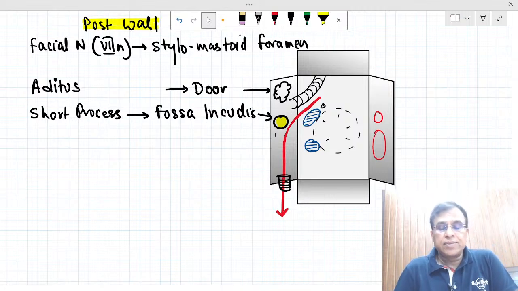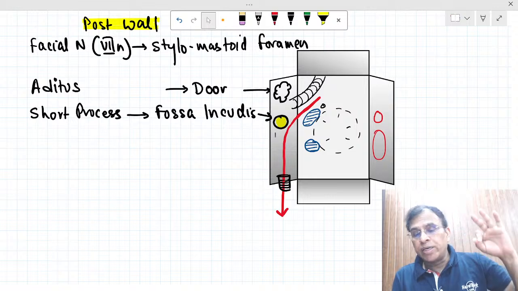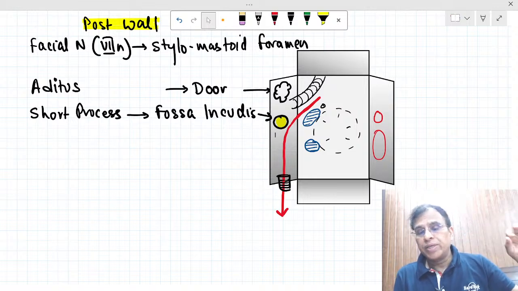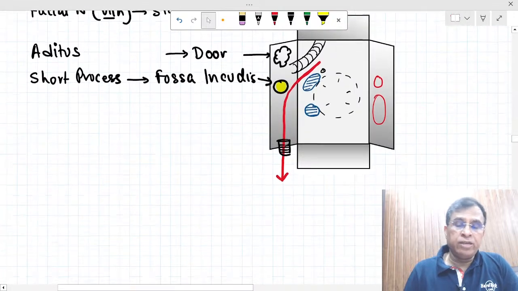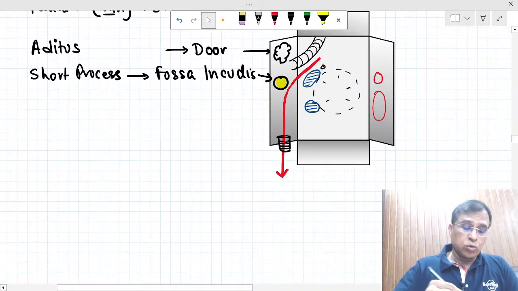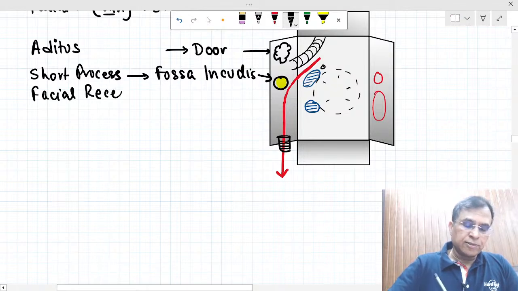And now come the three most important names from the posterior wall that you have to know. Which are these three? One is the facial recess, I call it FR in short.